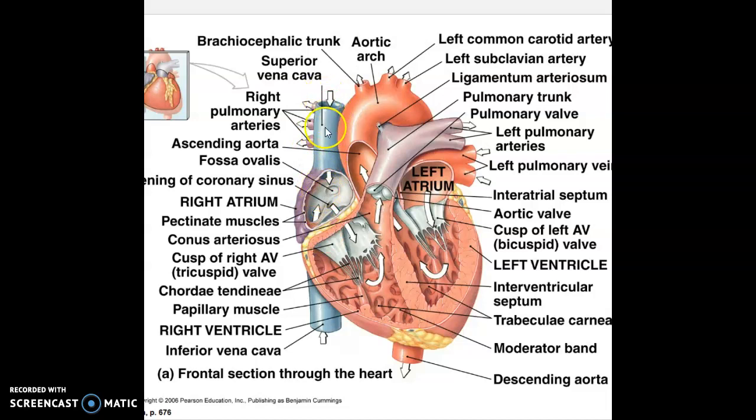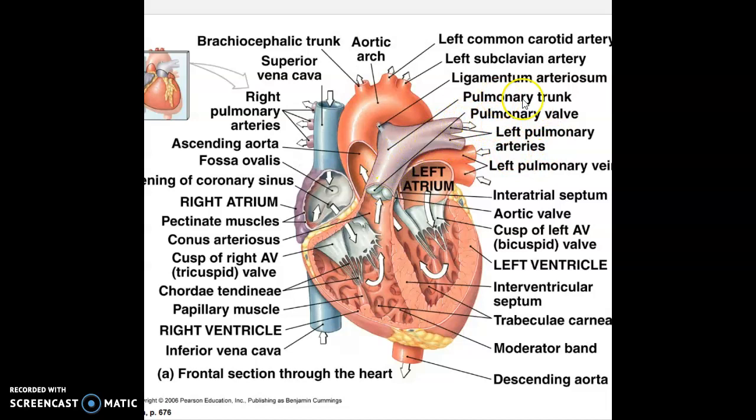All right, so blood comes from the superior and inferior vena cava into the right atrium. It goes through the atrioventricular tricuspid valve into the right ventricle. It goes through the aortic semilunar valve into the pulmonary trunk and then into the pulmonary arteries.